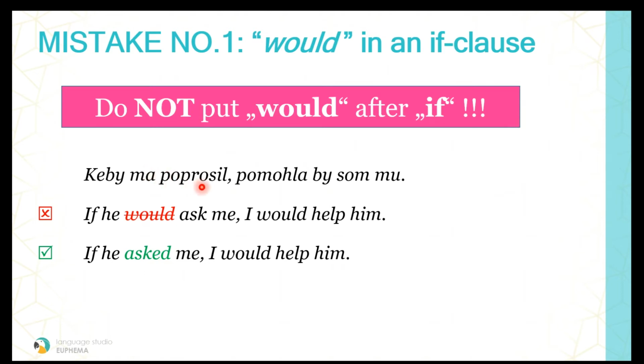Keby ma poprosil, pomohla by som mu. The wrong translation is, if he would ask me, I would help him. What's wrong here? Of course, the word would, because we learned that after if, in the if clause, we have to use only past simple. So the correct translation would be, if he asked me, I would help him.